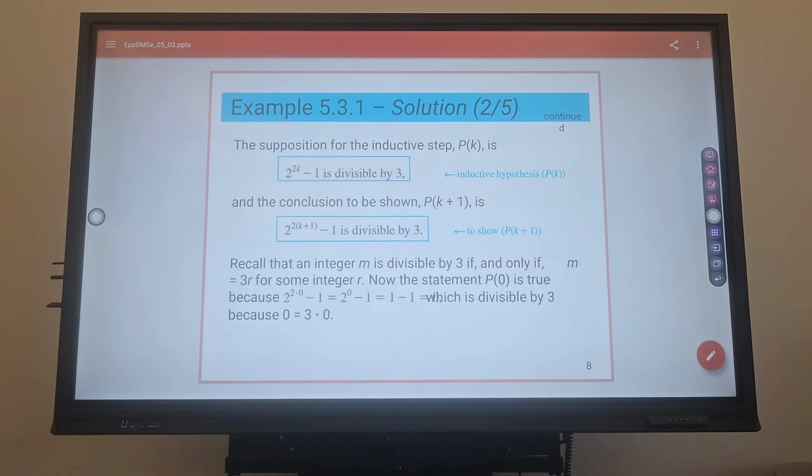Recall that an integer m is divisible by 3 if and only if m equals 3r for some integer r. Now the statement P of 0 is true because 2 to the 0 minus 1 is 0, which is divisible by 3 because 0 is 3 times 0.